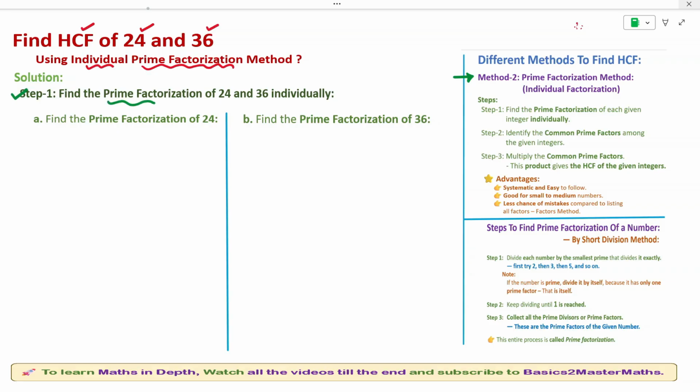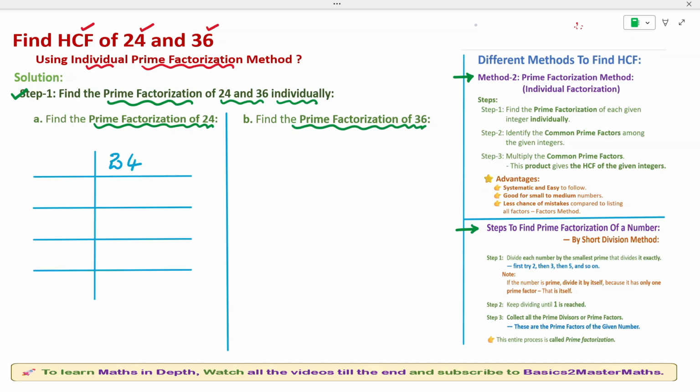Find the prime factorization of 24 and 36 individually. Follow these steps to find the prime factorization of 24 and the prime factorization of 36.